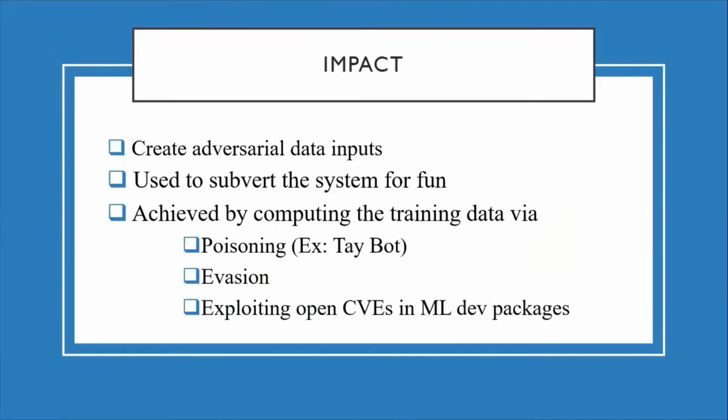The impact of these attacks can be the creation of adversarial data inputs which can be physically used. They can disrupt the system just for fun or trolling, or they can also cause damage. They can do these things by poisoning, evasion, or exploiting common vulnerabilities in ML development packages, such as in Python.